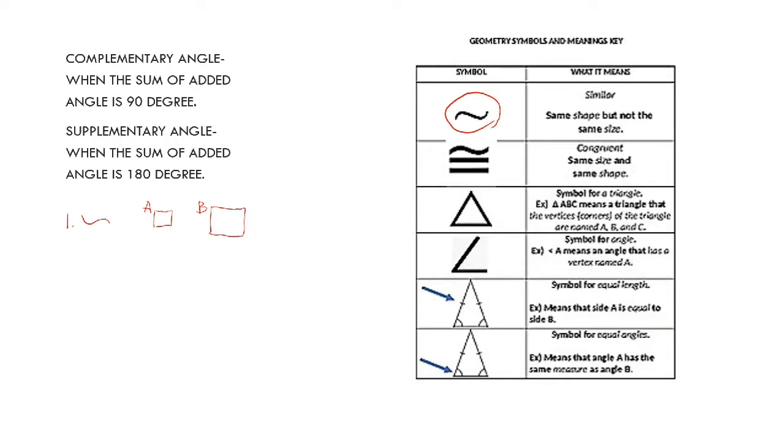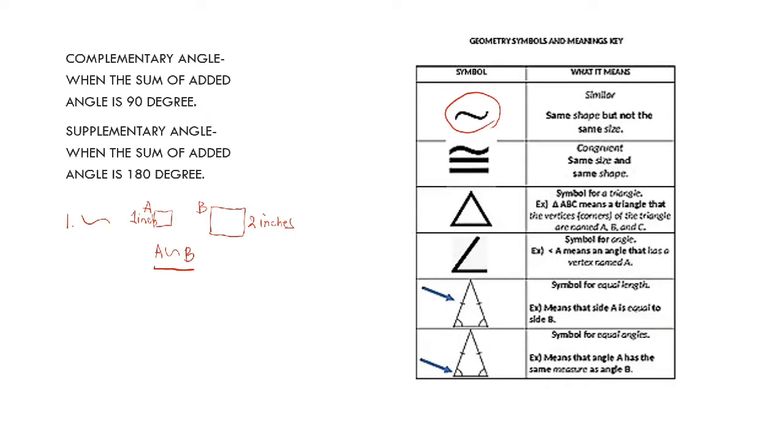They are both squares, but they are not the same size. For example, this is 1 inch and the other square measures 2 inches. So they are both squares but not the same size. When we convert this into a symbol, square A is similar to square B. This represents that they have the same shape but not the same size.